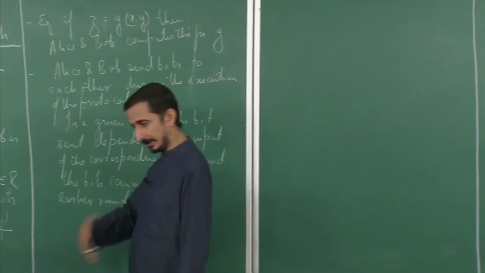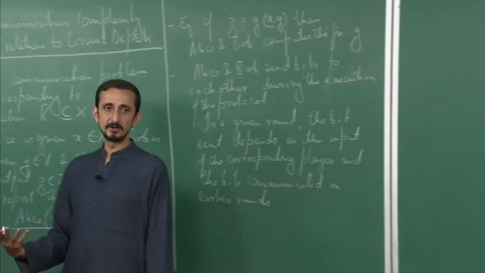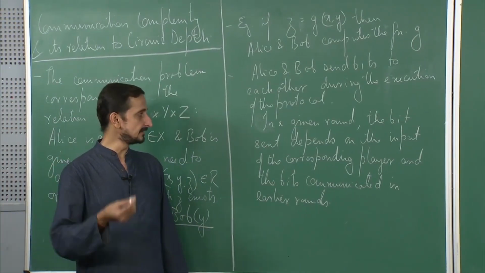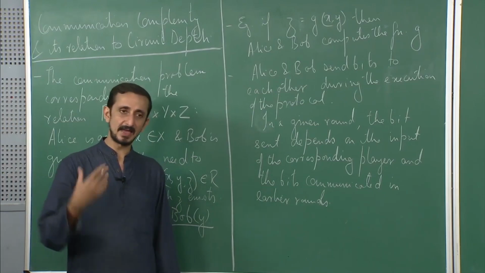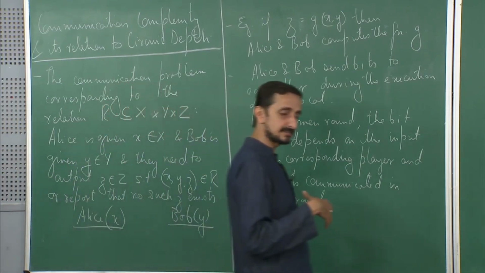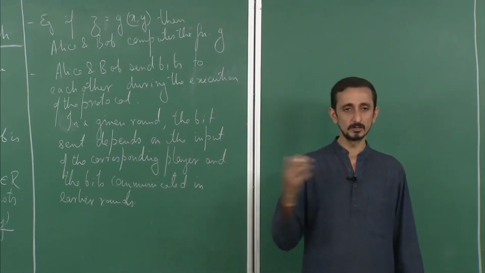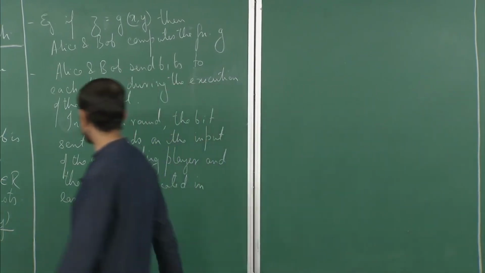So the bit that Bob sends would depend on both these two. And then in the second round, the bit that is sent by Alice would depend on her input, which is X, and the bits that were transmitted in the earlier rounds. So this is how the communication proceeds. Okay.